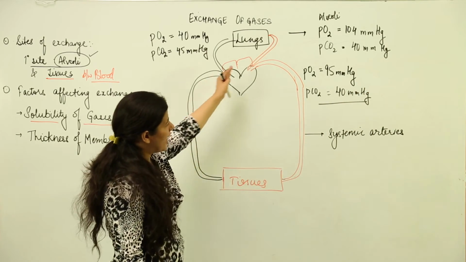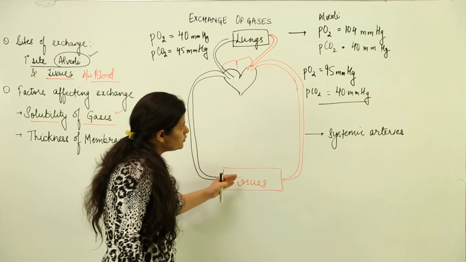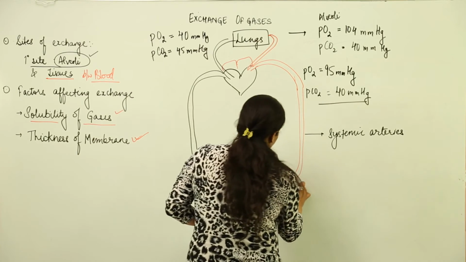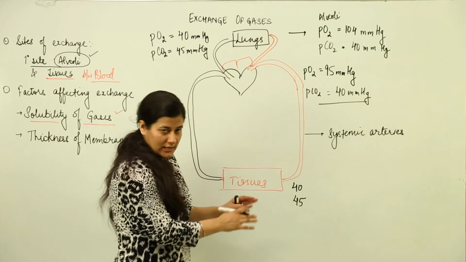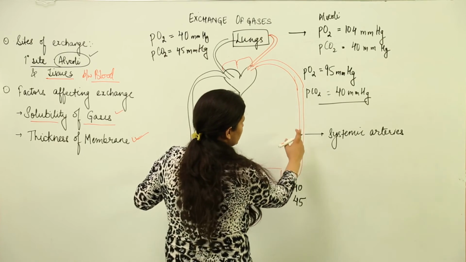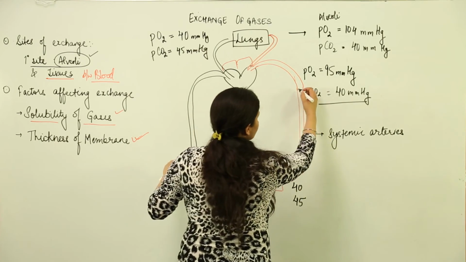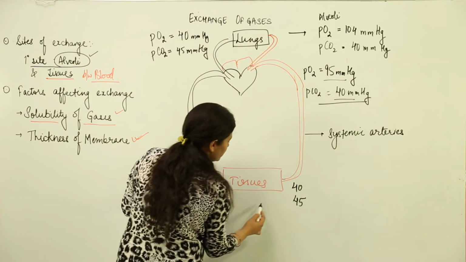This is what happens to the deoxygenated blood. Now the tissues, being deficient, have 40 and 45, and the same thing happens. The blood comes with 95 millimeter and 40 millimeter to the tissues.